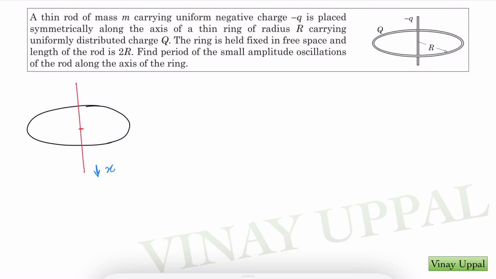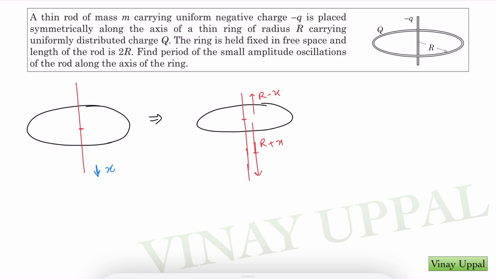If I were to displace the rod by a small amount of x, the length above the ring is going to be r − x, and length below the ring is going to be r + x. So now I need to find out the force on this rod, and that force will hopefully come out to be proportional to x. We may need to make an approximation, and once we have the proportionality between force and x, then it's an SHM, then it's pretty straightforward.